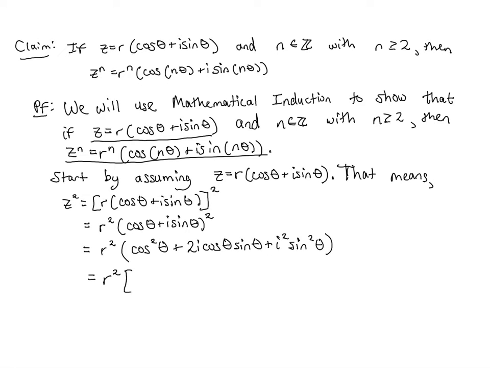So I'm going to rewrite this as r squared times cosine squared theta minus sine squared theta, because we know that i squared is -1, and that's plus i times 2 sine theta cosine theta. So that's where we're at now.